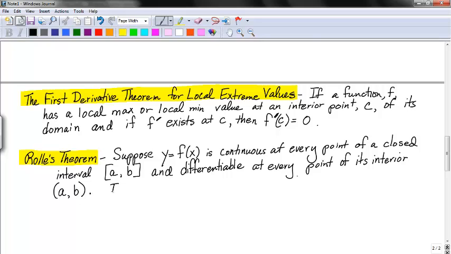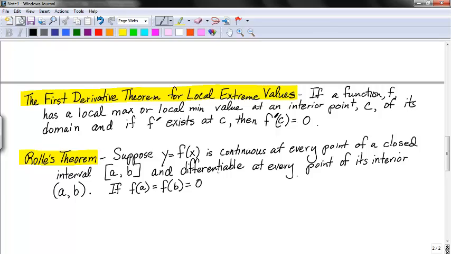If f of a, and remember f of x, f of a, that stands for a y value. If f of a equals f of b, and both those are equal to 0, think where that is on the graph.